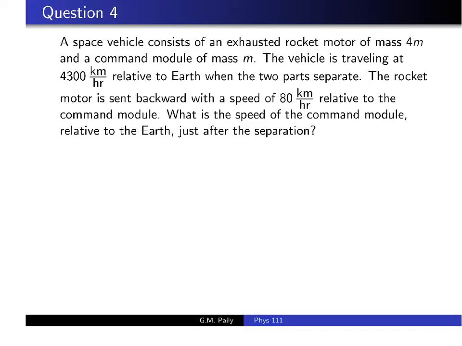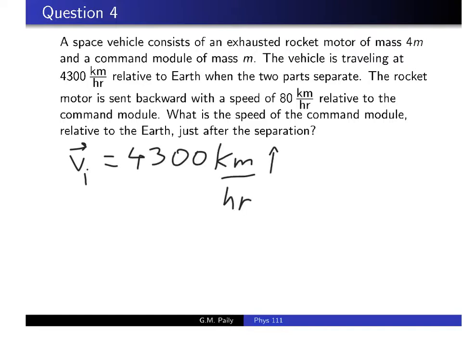We will introduce some notation. We already have that the command module has a mass m and the rocket motor has a mass 4m. Let us call the 4,300 kilometers per hour that the space vehicle initially has relative to Earth as v initial. For simplicity, we assume that the vehicle is traveling in the positive i hat direction.